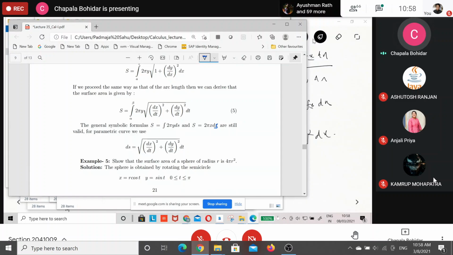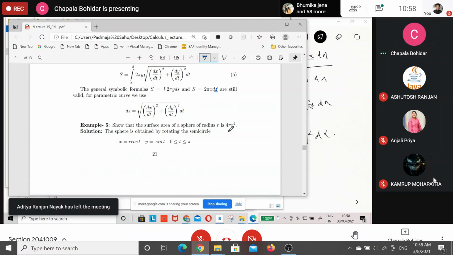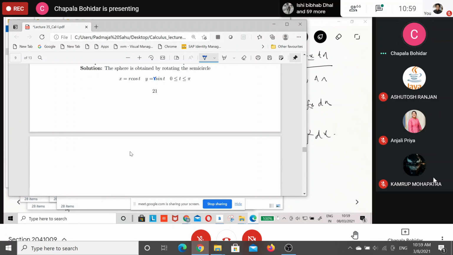By using that, show that the surface area of a sphere of radius r is 4 pi r square. The sphere is obtained by rotating the semicircle. Here it is given x is equal to r cos t, y is equal to r sin t, and t lies from 0 to pi.